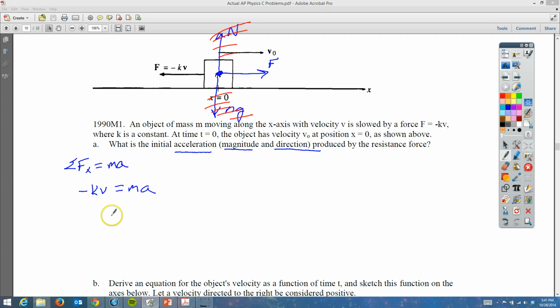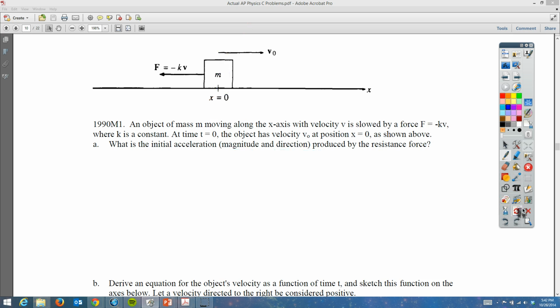Now all you have to do is solve for a. So a here would be equal to negative k v naught all over m. This v naught is pretty important because it says the object has a velocity of v naught. So that right there, believe it or not, is 3 points. You get 1 point for this, 1 point for filling in what the F net is, and 1 point for rearranging it. So that really is not too bad.